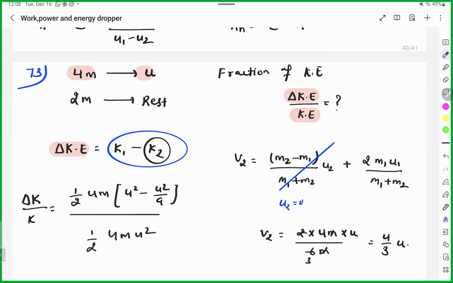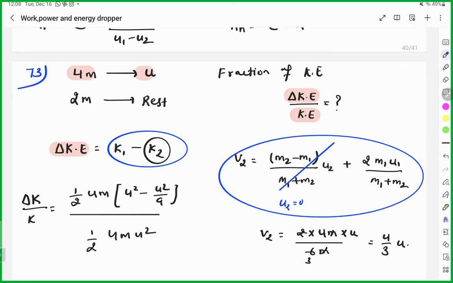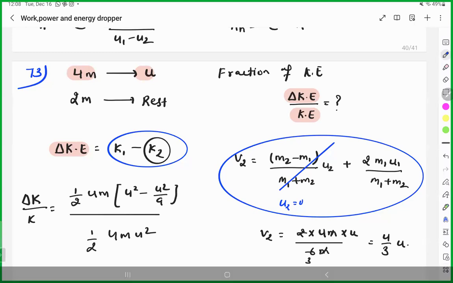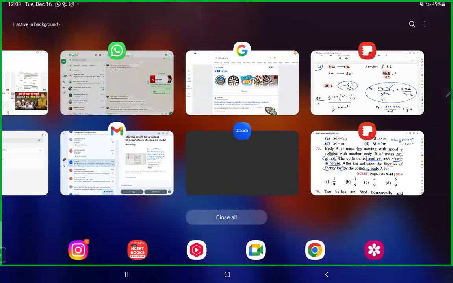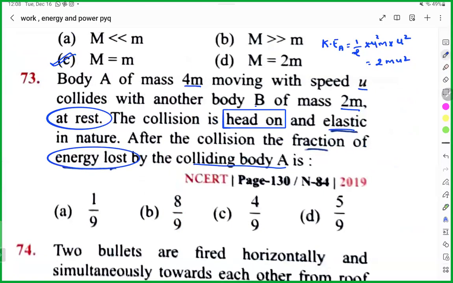How to calculate final? This formula, done. Tell me, guys, was it difficult? No, sir. Does anybody have a doubt, Sarah? No, sir.